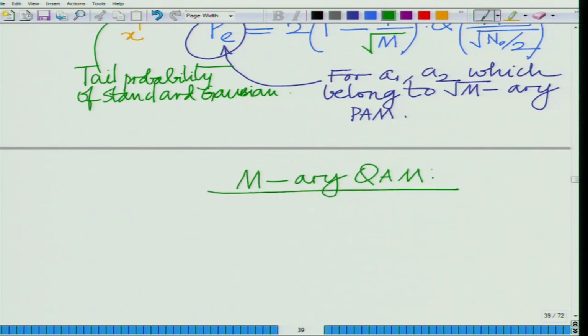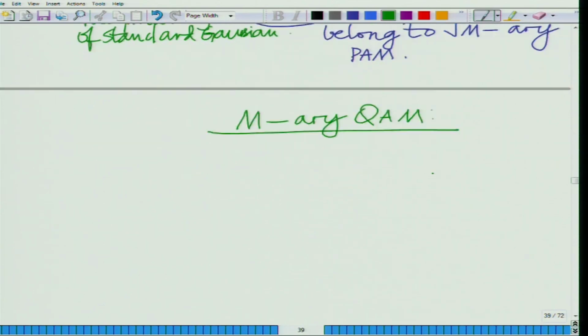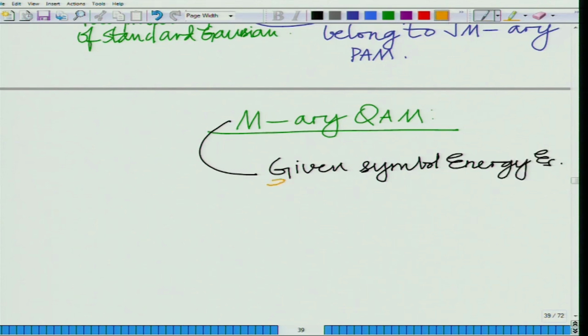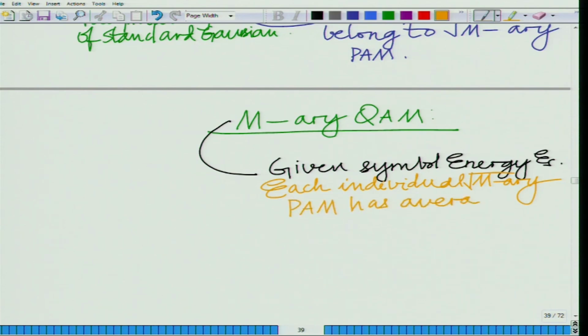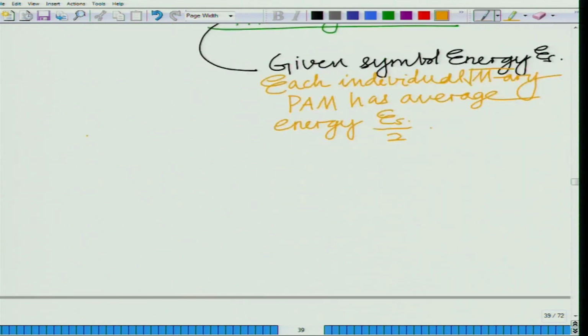given symbol energy. Remember, we said each individual square root M-ary PAM has average energy Es by 2, and for that we have derived the corresponding condition: amplitude A equals square root of 3 Es by 2(M minus 1).